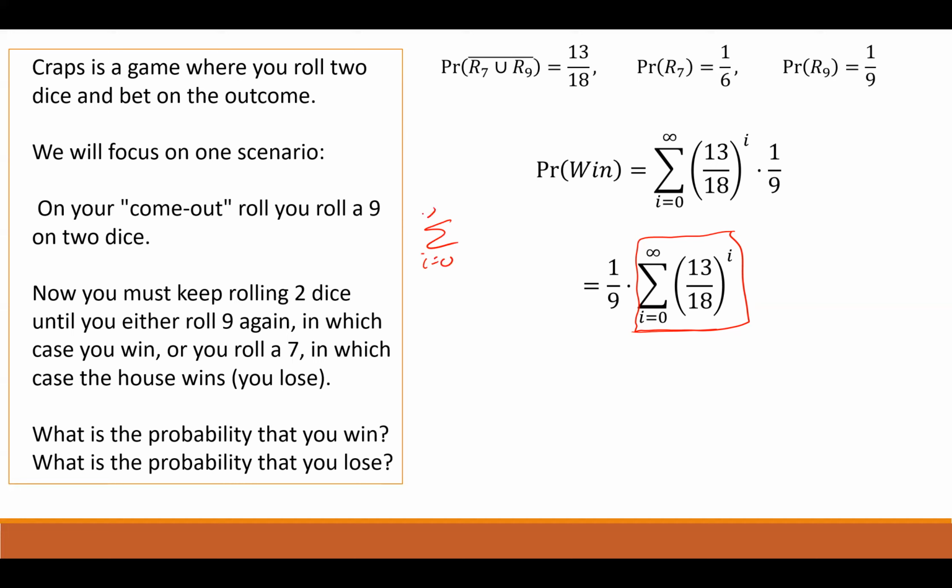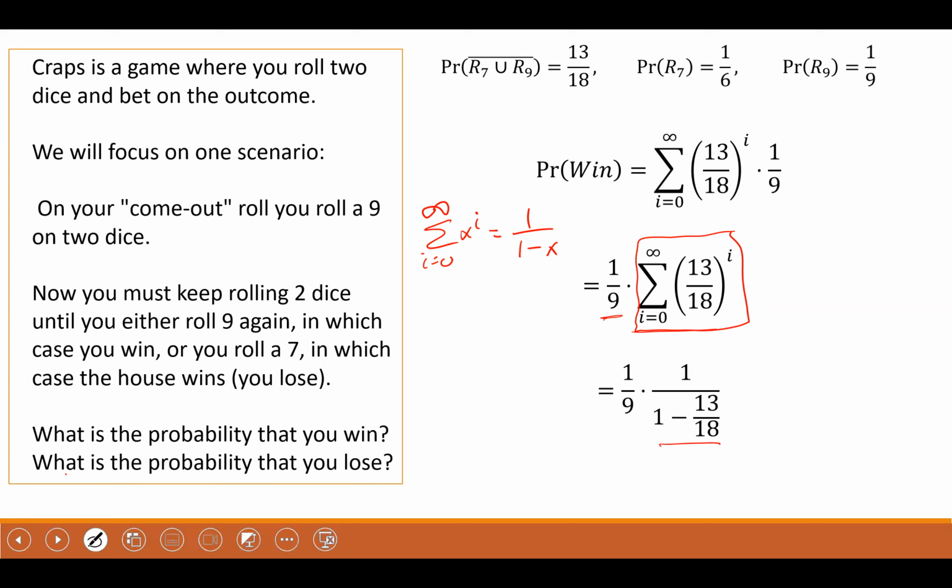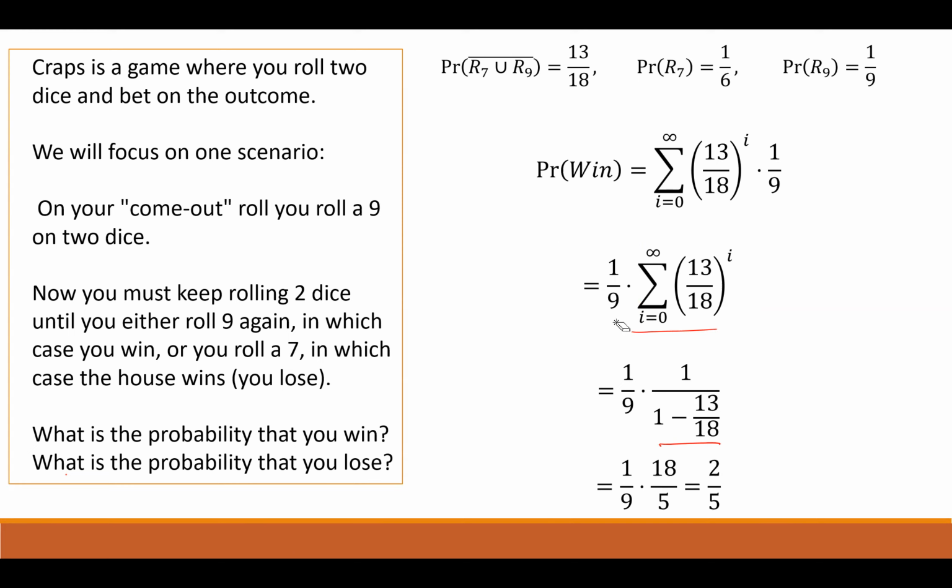The sum from i equals 0 to infinity of x to the i equals 1 over 1 minus x. So I can write that as 1 over 1 minus 13 over 18, and then times this 1 over 9. With a little bit of algebra, I get 2/5. So if I get a 9 on my come out roll in craps, the probability that I win is 2/5, less than a half.